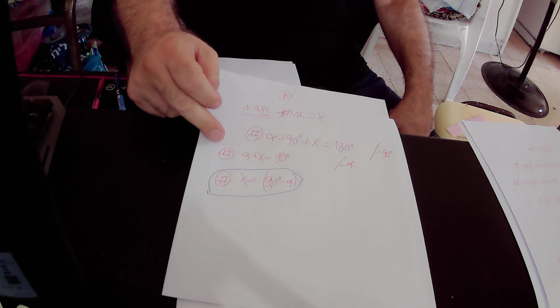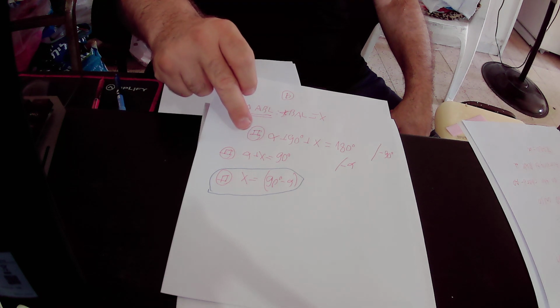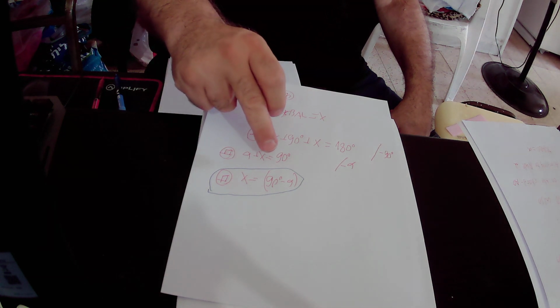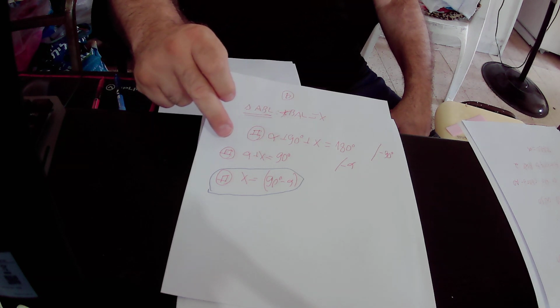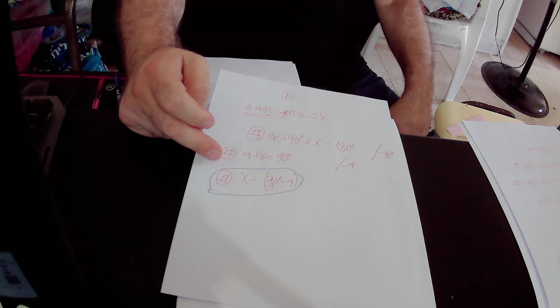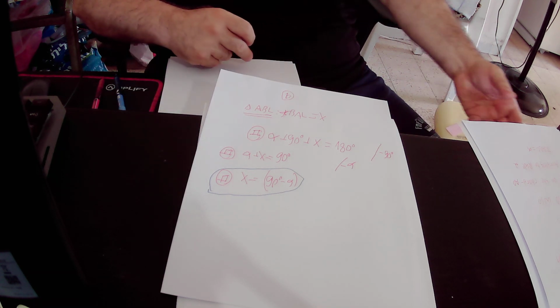We got alpha plus x minus alpha equals x, and 90 degrees minus alpha equals 90 degrees minus alpha. So equation number 2 states that angle x equals 90 degrees minus alpha. Okay?